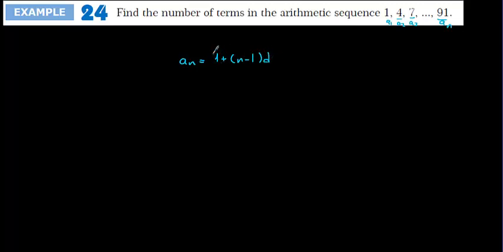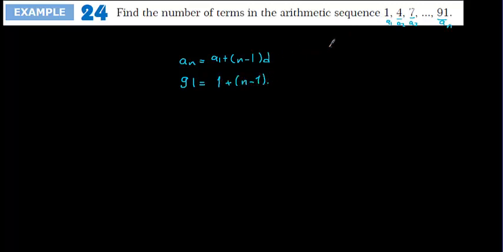I know that a1 is 1, but let me write with the formula: a1 plus n minus 1 times d. And here an, the 91, is equal to 1 plus n minus 1 times d.